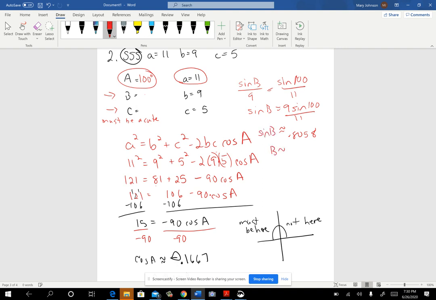And so when you do the inverse sine to get the angle, what you're going to get back is an acute angle, about 54 degrees if I round to the nearest degree.